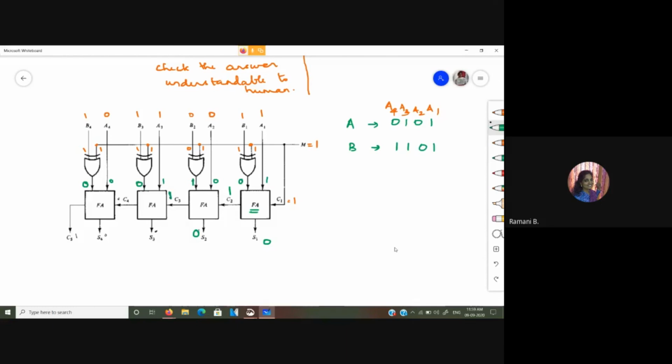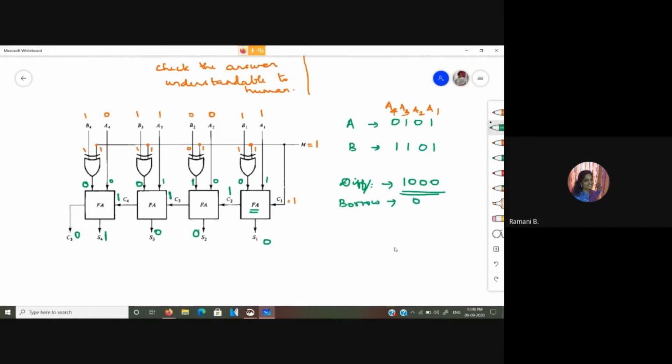Here again 1, 1, 0: sum is 0, carry is 1. Here it is 1, 0, 0: sum is 1 and carry is 0. So we are getting the difference as 1, 0, 0, 0 and the borrow output we got is 0.